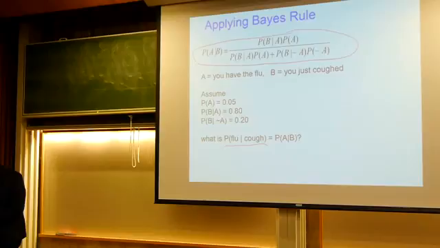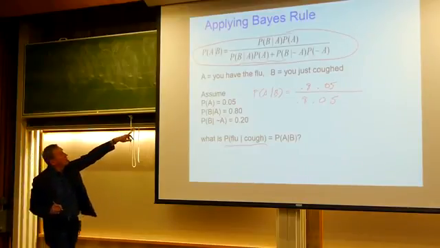The probability of, now we're looking for the probability of flu given cough. That's going to be the probability of B given A, which is 0.8, the probability that you'd cough if you did have the flu, times the prior probability that you have the flu, 0.05, over what? The first term is the same as the numerator, 0.8 times 0.05.